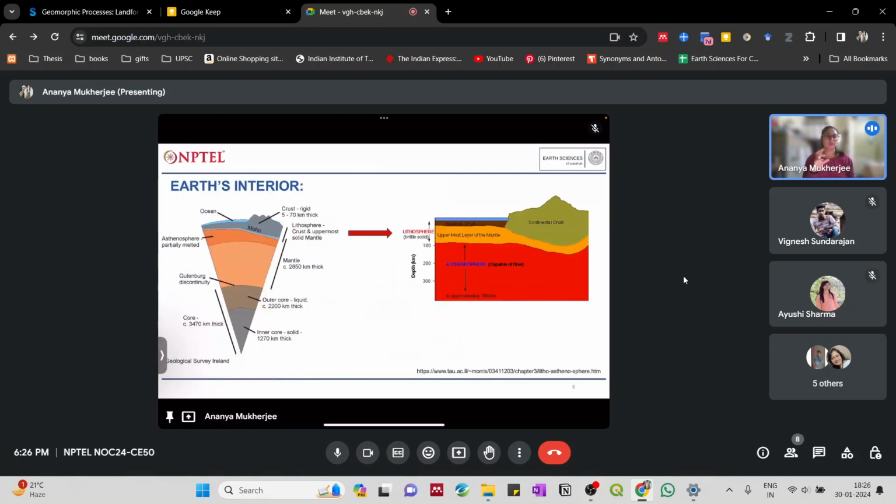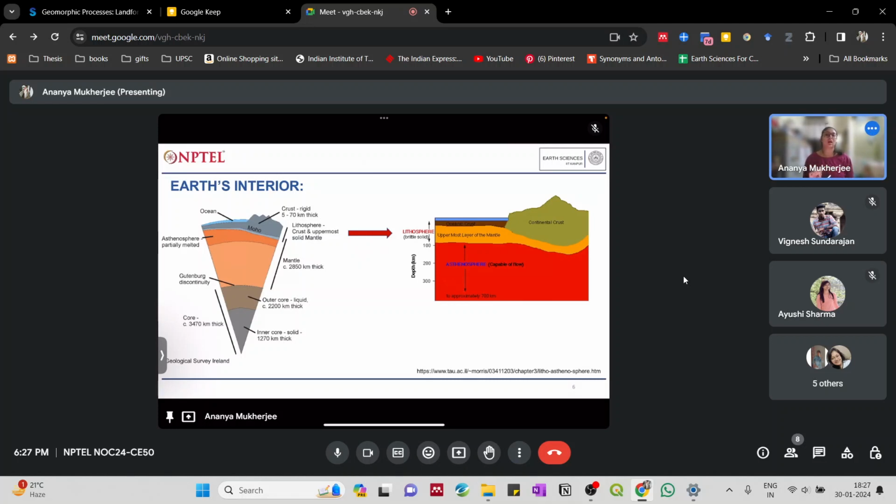So now we will come to the earth's interior. As I told before, we know that the earth's interior is a layered structure. Each layer has different properties and plays a different role in sustaining the earth system.